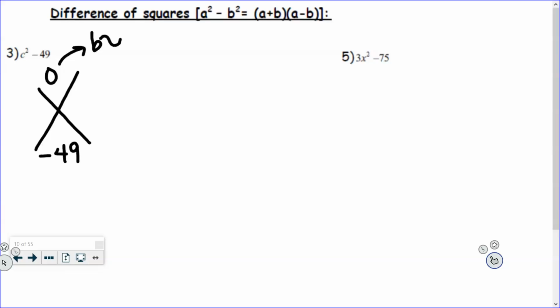Your bx is actually 0. So what are numbers that are a zero pair that multiply to make negative 49? Positive 7 and negative 7, of course. I'm sure some of you already have that factor written down. So again, pretty low level: c minus 7, c plus 7.